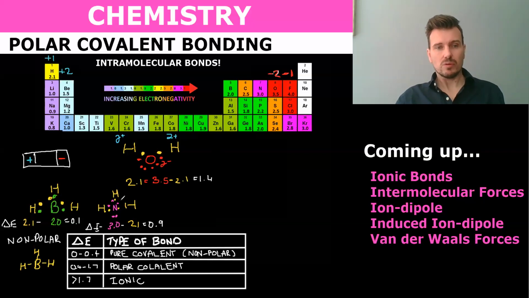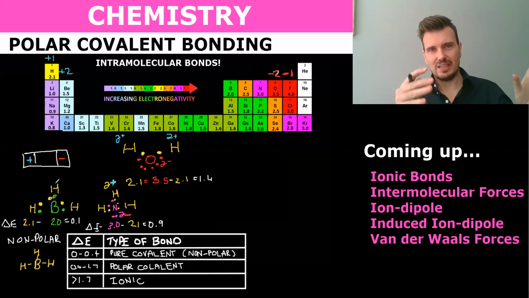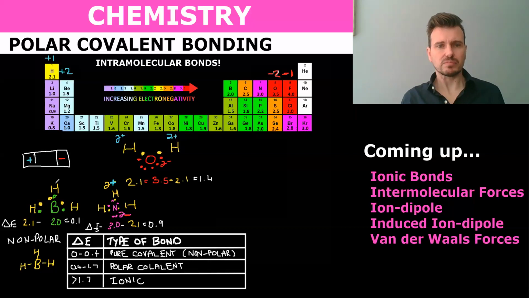So the H is slightly positive, and that's where you will see this symbol, and the N is slightly negative, our negative pole, and so you have your positive and your negative poles. Let me just do that in light blue and red so that we are consistent in showing how it's a little bit like a magnet in that it has a positive and a negative side. So that is our polar covalent bonding.